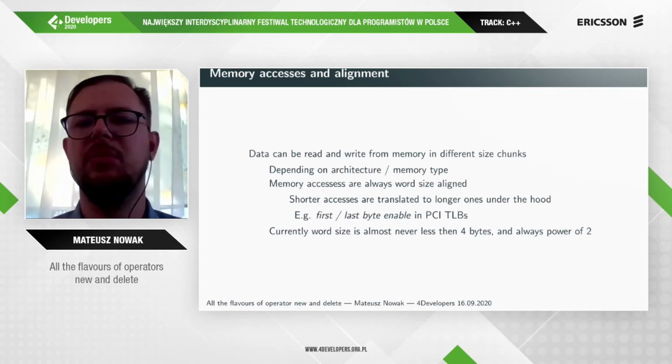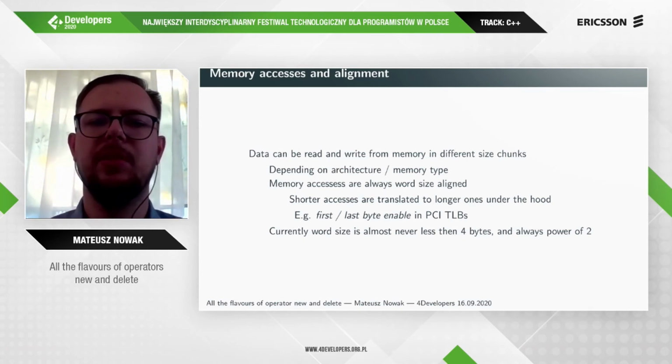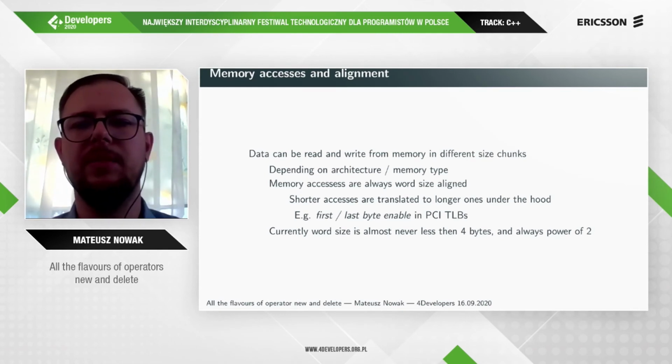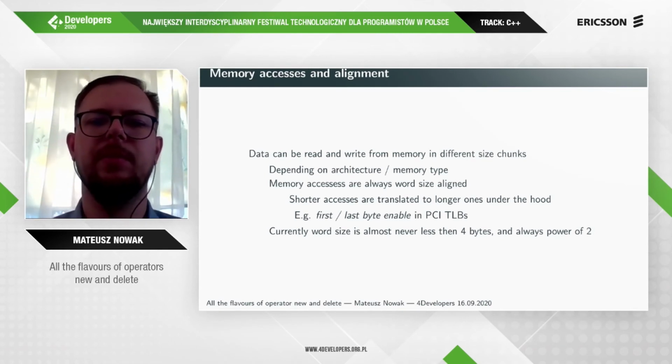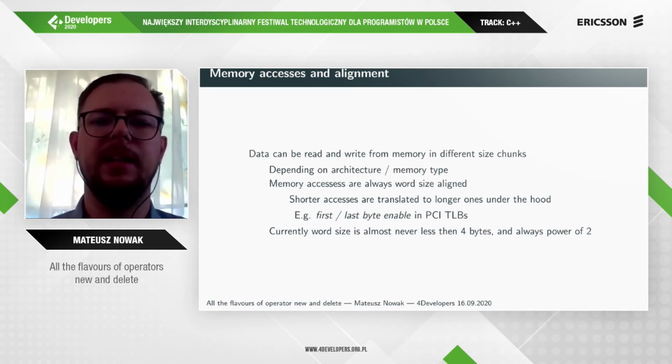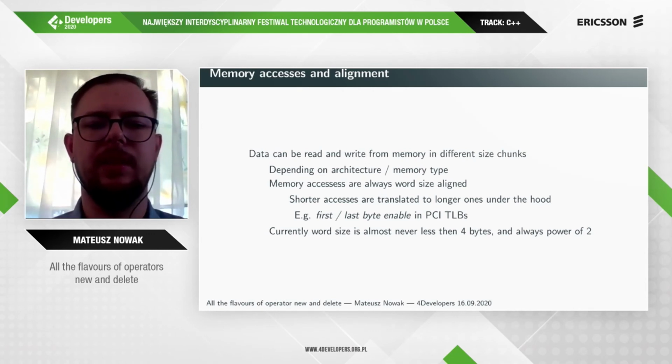For example, in the PCI protocol, if we are doing DMAs, we have in the DMA descriptor a field that is telling which bytes from the front of the buffer or the end of the buffer to skip. So first, last byte enable. So we can read and transfer unaligned buffers to a PCI device.